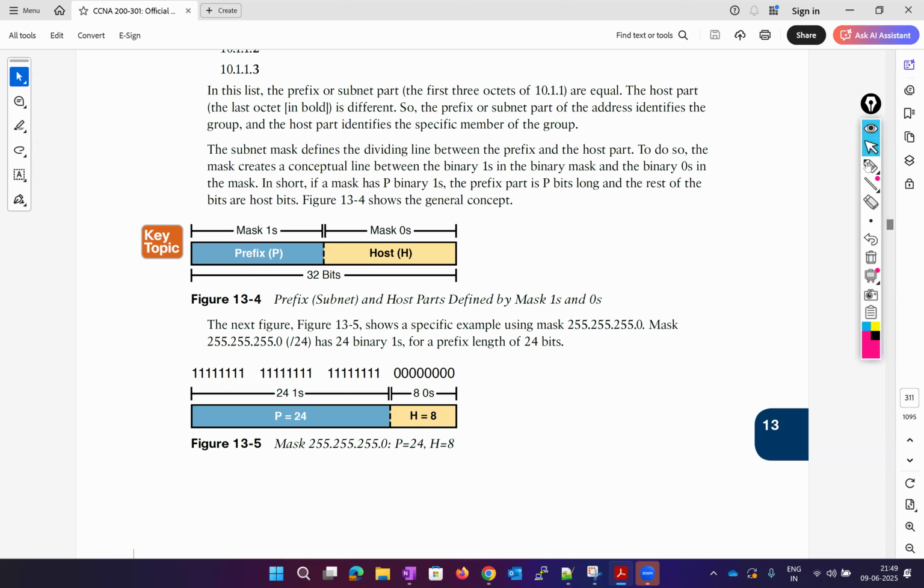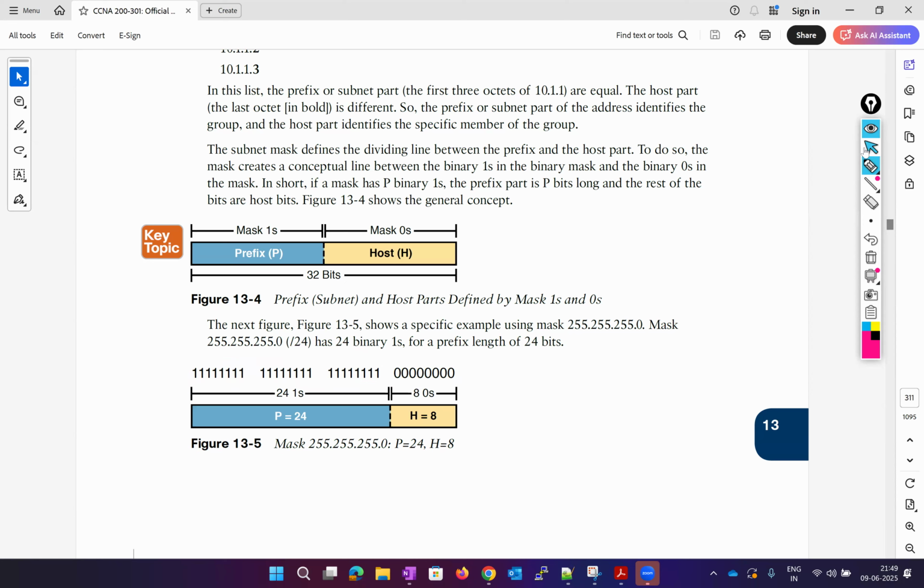So if you see here, this is your network part, where you can see the number of ones, masks with 1. This is your host part with all the zeros, right? And you can see this is a class C default mask where all you have is the number of ones and all you have is the number of zeros on the right hand side.